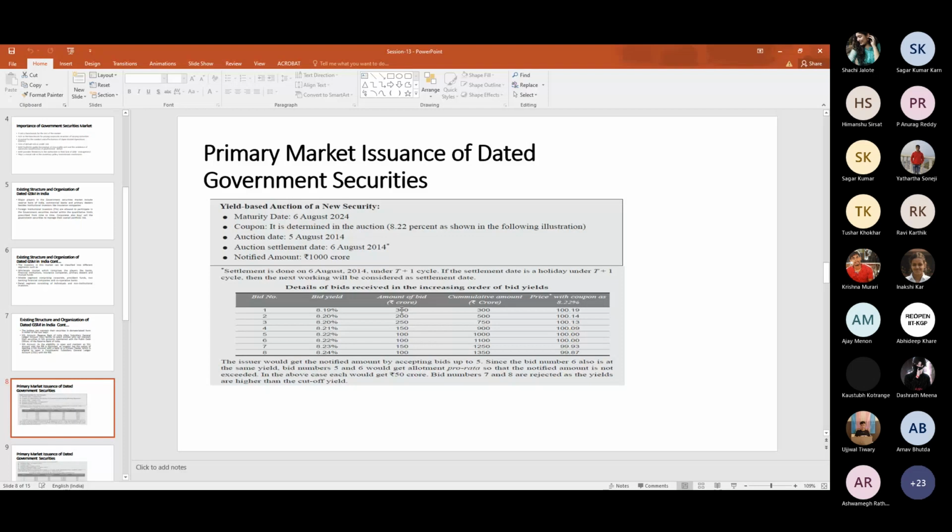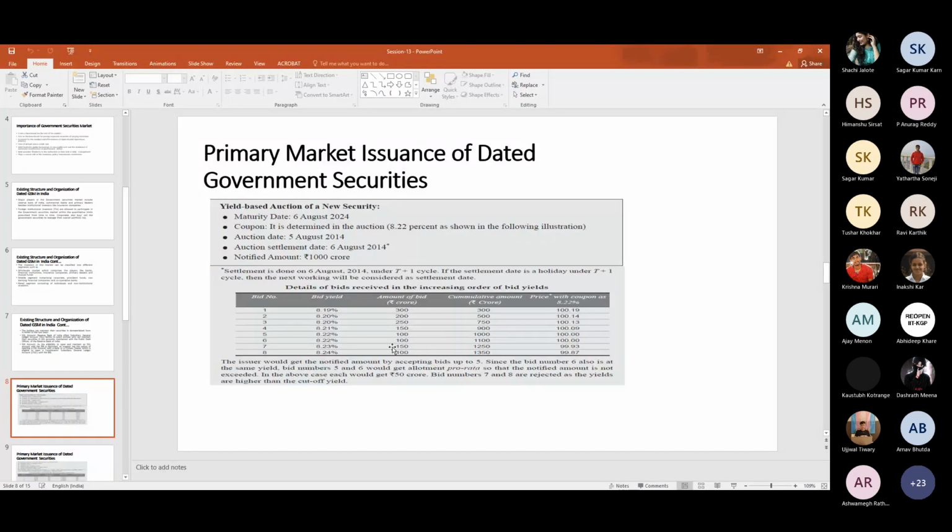For example, we have different yields here, and 1,000 crore has been issued. So the 1,000 crore is adjusted here, and then the particular coupon will be decided on the basis of that rate, that is 8.22%.